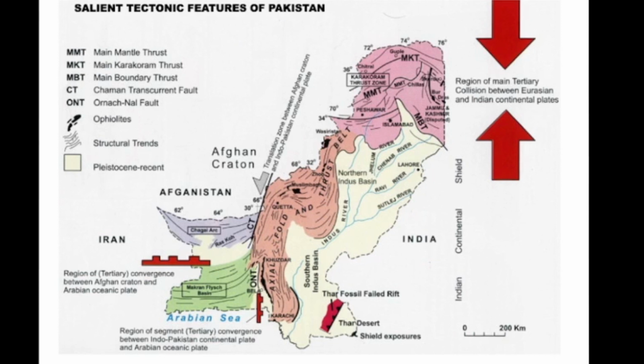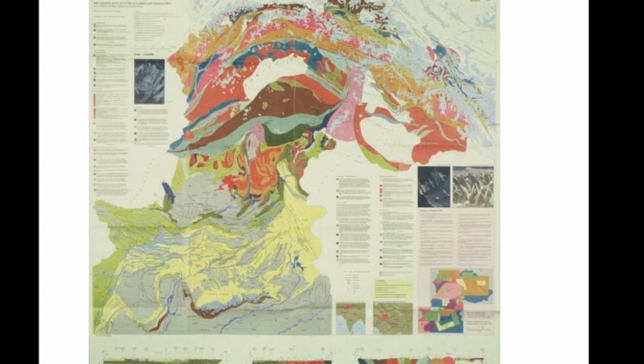These are salient tectonic features of Pakistan, which are the consequence of that continental collision. Another good feature, another good map, aerial maps, shows the active zones which are responsible for earthquakes in Pakistan.